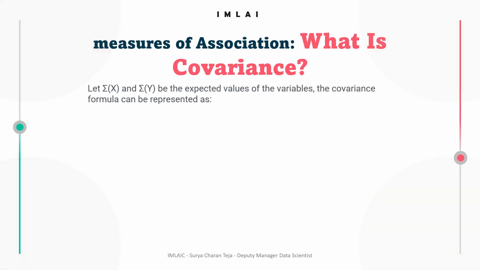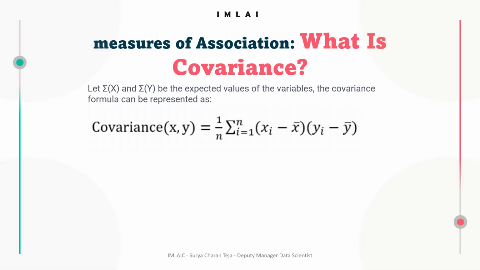The covariance formula can be represented as this: Covariance of x comma y equals the summation of the product of deviations of x and y, divided by n. I'm repeating again: the summation of the product of deviations of variables x and y, divided by n, will give you the covariance of x comma y.